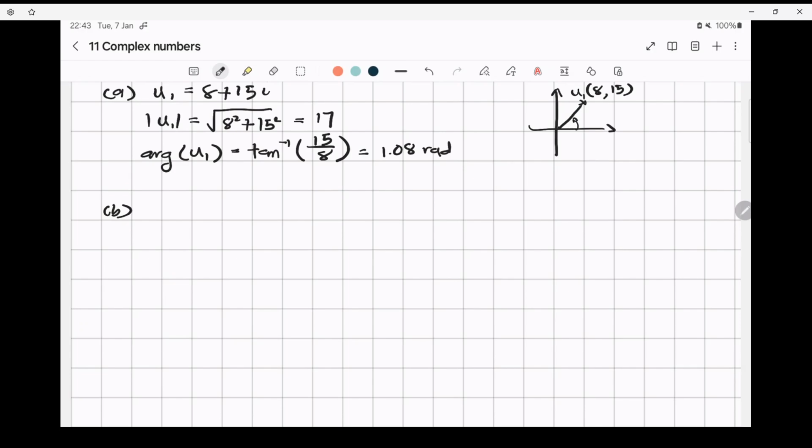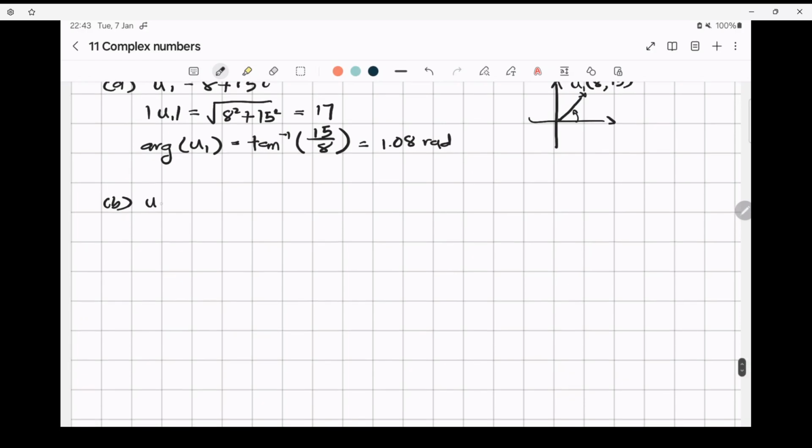So now let's look at B, which is U2 equals minus 12 plus 5i. By the way, we might as well just write down the polar form. So in this case, you just write 17 e^(1.08i), for example.